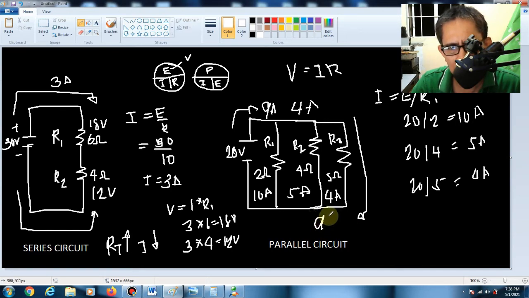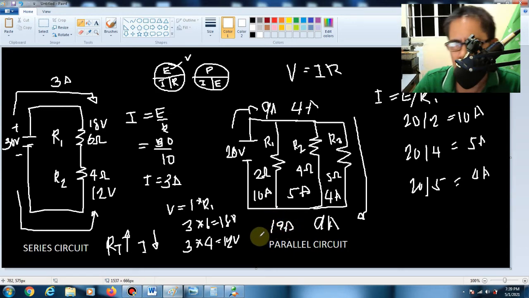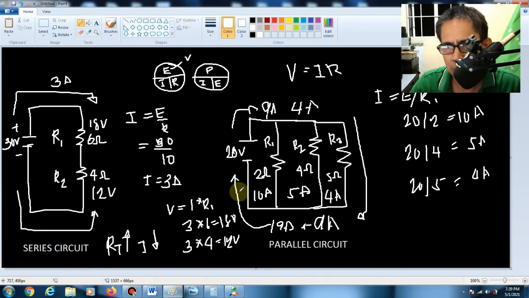So meron tayong 9 amperes. Okay, ibig sabihin 9 amperes of current goes this way, dito sa R2. Then yung 9, pagdating dyan, 9 plus 10. So ito yung 10, di ba? So 9 plus 10, we have 19. Okay, so 19 amperes flowing papunta dyan, then papunta sa battery. So mayroon dyan 19 amperes.